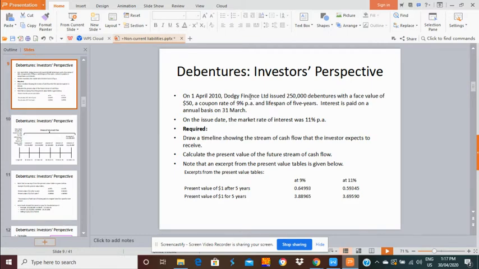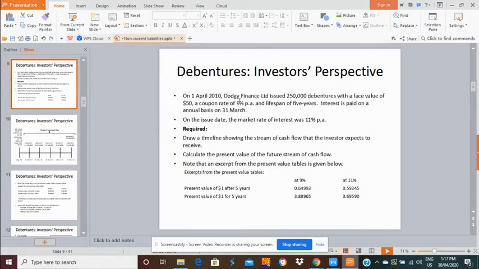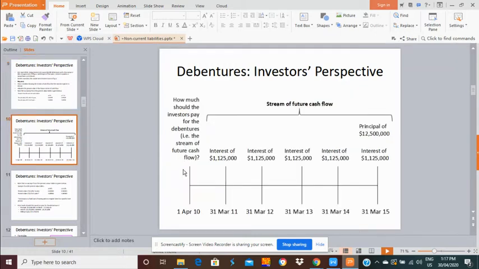If he decides to buy, he will be willing to pay for these bonds on 1st of April 2010, not 12.5 million, but less than that, 11 million, for example. In other words, to induce him to buy the bond that gives a low interest rate, the only way is to offer him a discount so that he buys now at a price lower than 12.5 million.